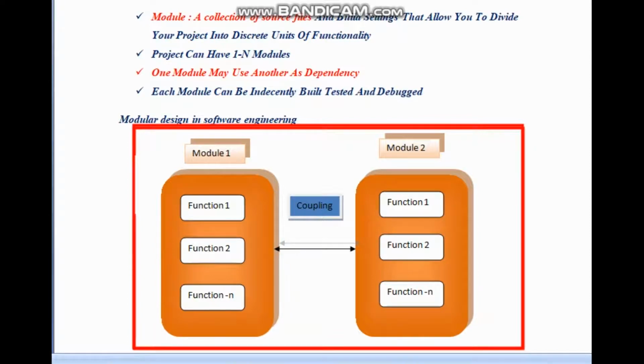In the earlier model, that is the waterfall model, I told you that first they keep on collecting the requirements, and then the requirements are converted into design, and then the design goes for implementation and unit testing, then integration and system testing, and finally we go for operation and maintenance.